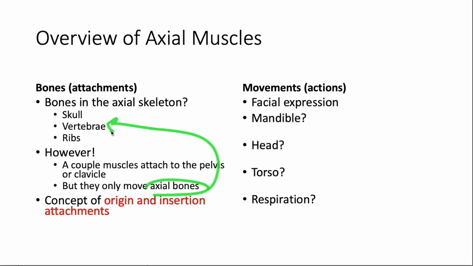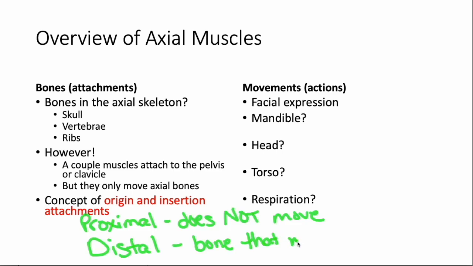In regards to attachments, it's also important to understand this concept of origin and insertion. When we learned appendicular muscles, muscles of the limb, the attachments were proximal and distal. We can't use those same terms with regards to the axial skeleton because there is no proximal and distal.